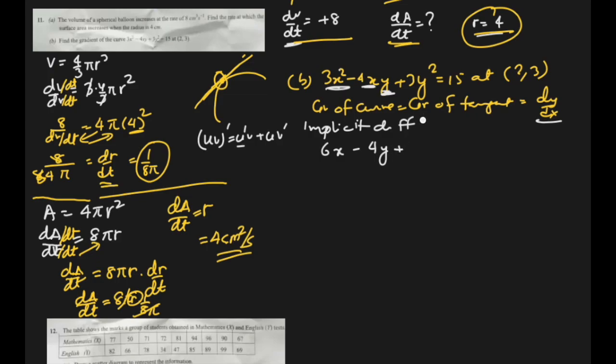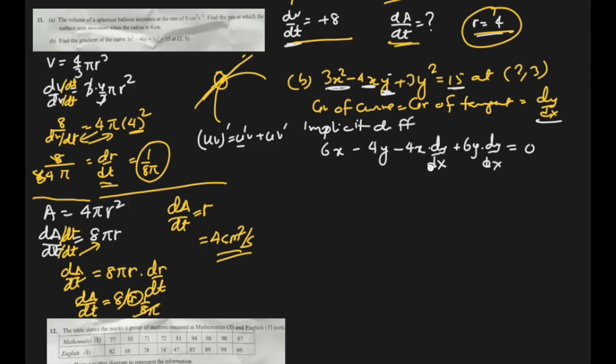Minus again, because it's minus 4x. u remains what it is, but we differentiate y with respect to x, which is dy over dx. Differentiation of y is actually 1, but we are not writing 1, we write dy over dx straight away. Plus 2 times 3 is 6y, and since we differentiated y again here, we have to write dy over dx. Differentiation of 15 is 0, it's a constant.